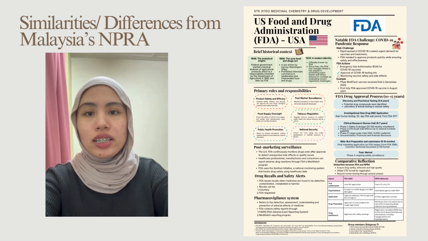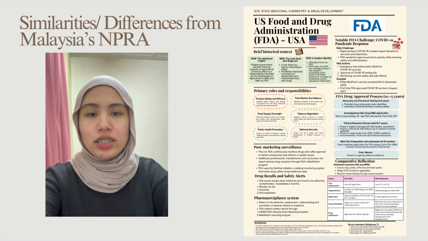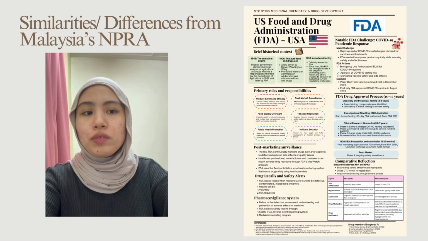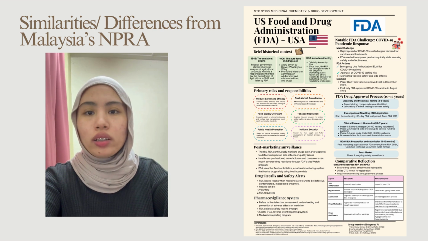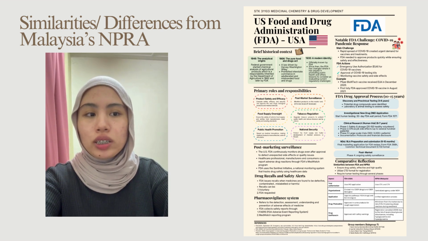Furthermore, the differences. For trial authorization, the FDA uses the Investigational New Drug (IND) application to authorize human trials, while the NPRA uses a Clinical Trial Import License (CTIL) and Clinical Trial Exemption (CTX).